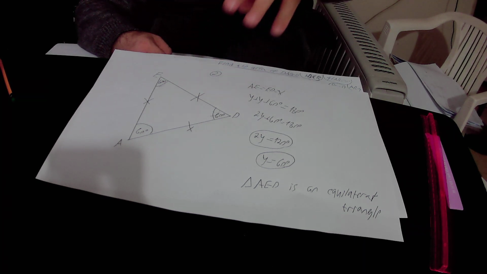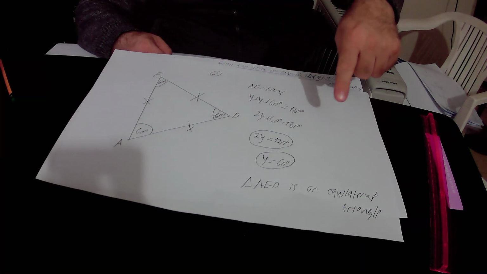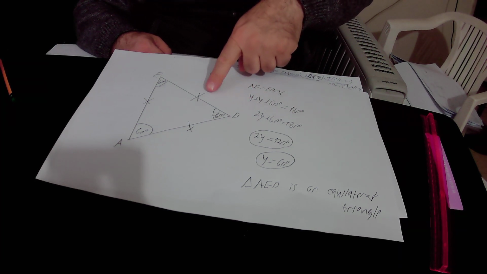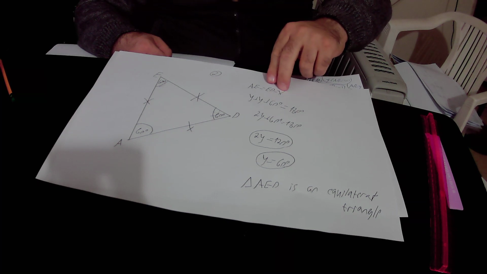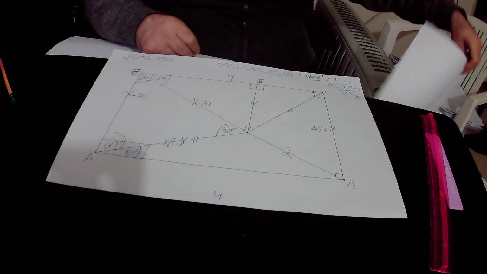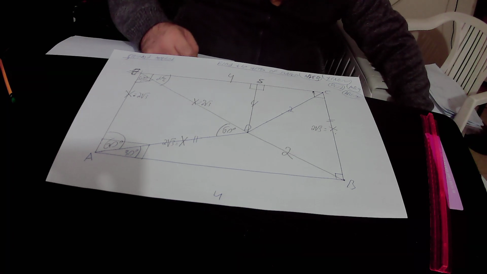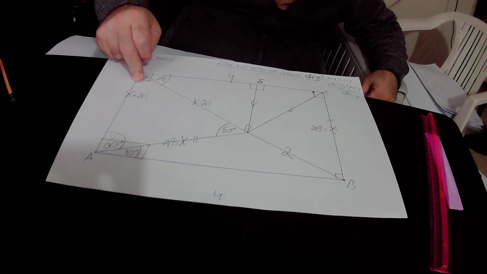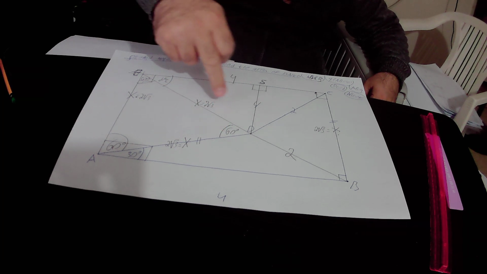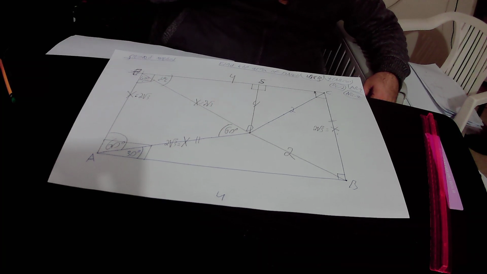So we found out that triangle AED is an equilateral triangle. That is to say, ED also equals X. All of its angles are equal to 60 degrees, of course. So here we can write that this angle equals 60 degrees, this angle also equals 60 degrees, and DE equals X.